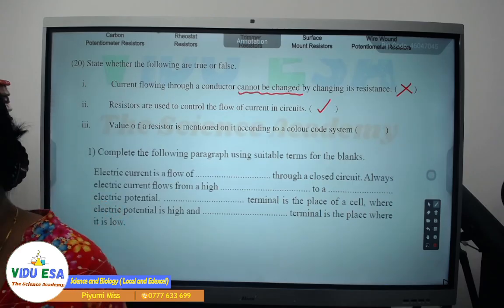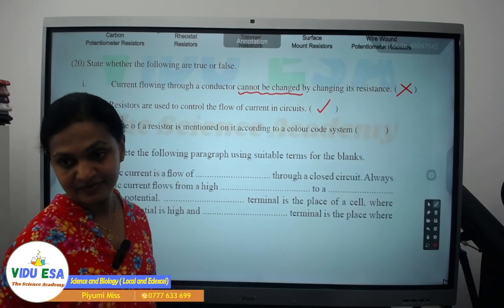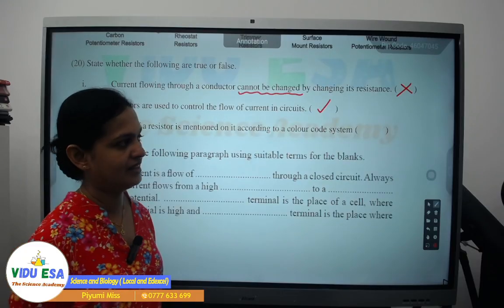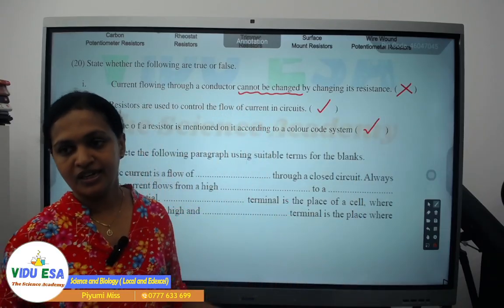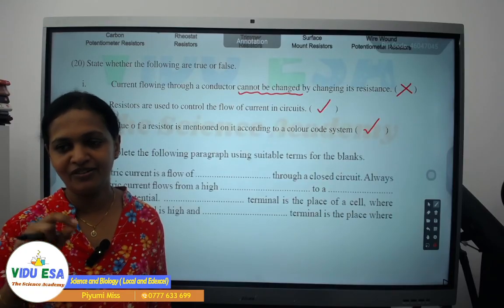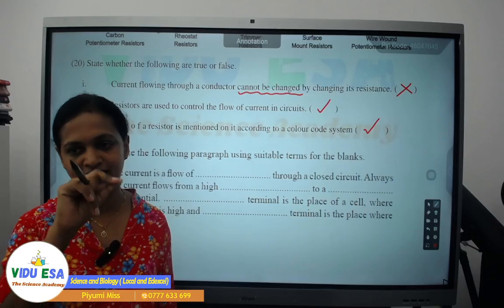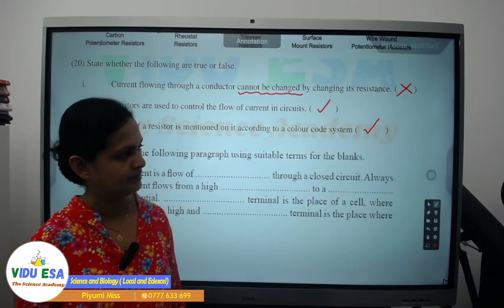What do you say, Deusika? Is it correct or wrong? The third one. Correct, ma'am. It is correct. In some of the fixed value resistors, the value is presented according to a color code system. So they have given values for these color bands. Then we can calculate the value.